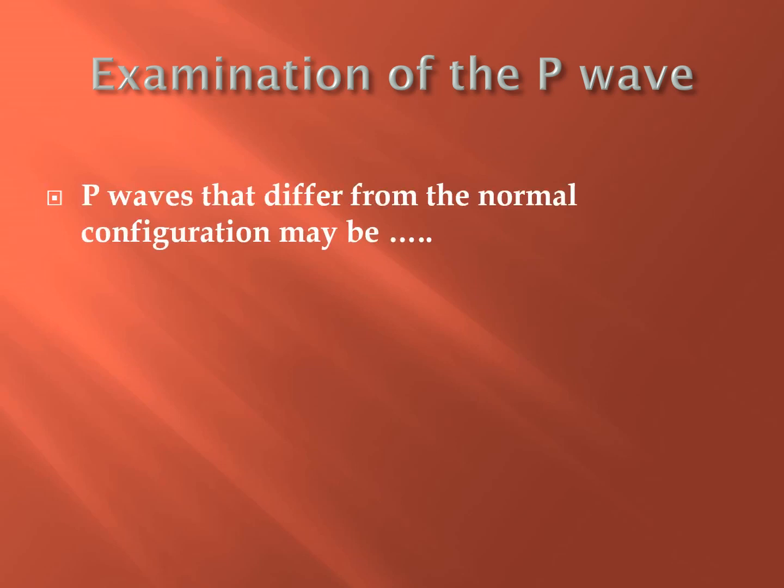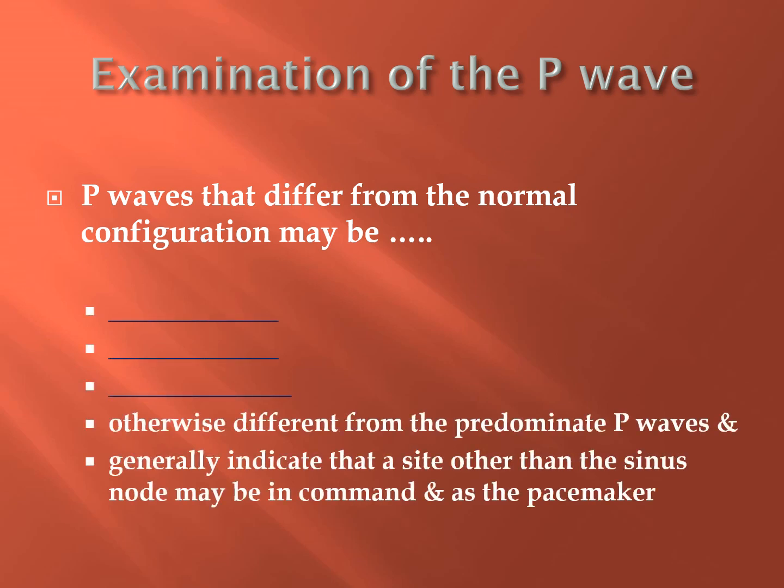P waves that differ from the normal configuration may be sawtooth, peaked, or inverted, aka upside down, otherwise different from the regular P waves. This would generally indicate that a site other than the sinus node may be in command as the pacemaker.